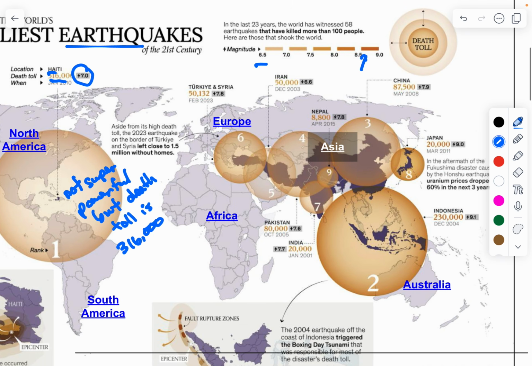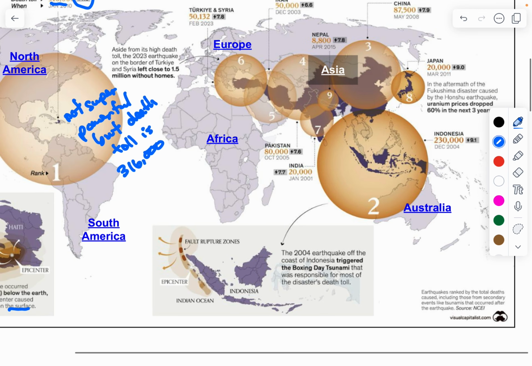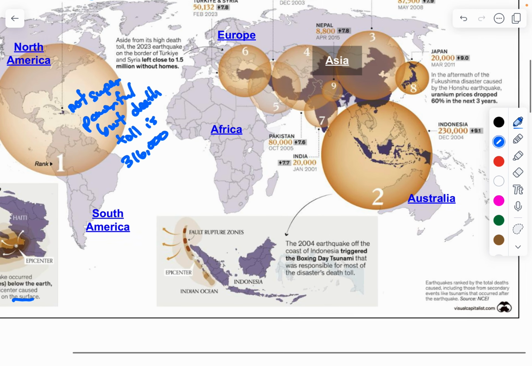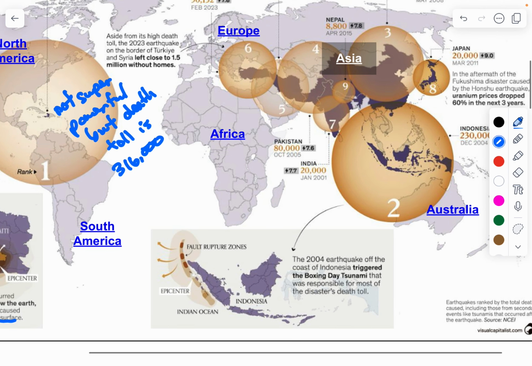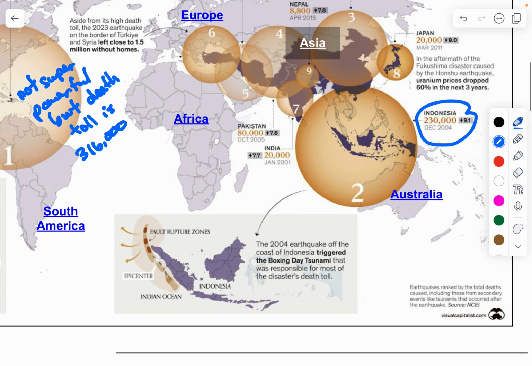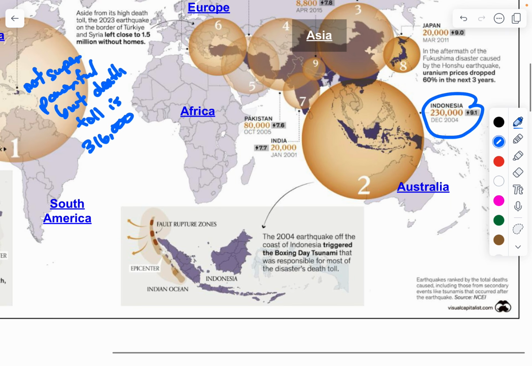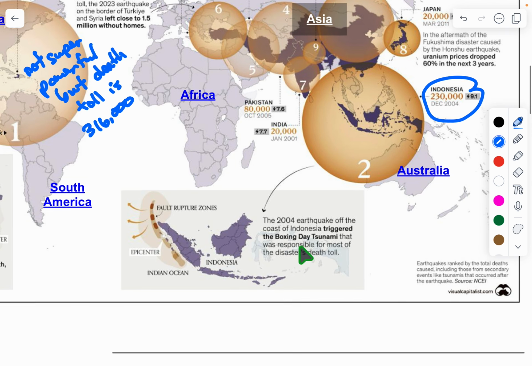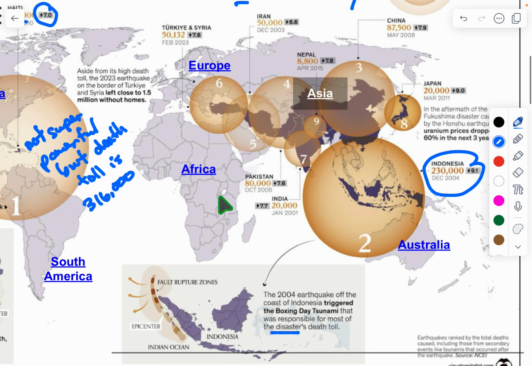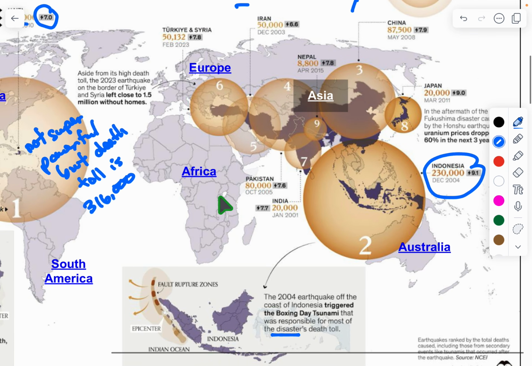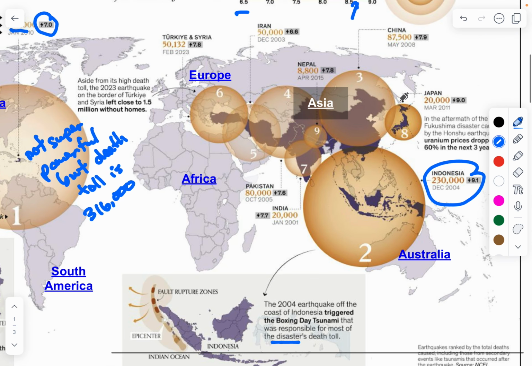Let's look at another one here, number 2. This one is in Indonesia, and the number is 230. The 2004 earthquake off the coast of Indonesia triggered the Boxing Day tsunami that was responsible for its disaster death toll. Wow, this is really interesting.